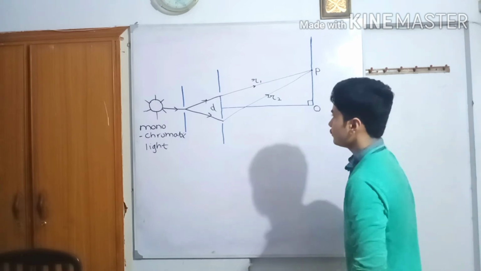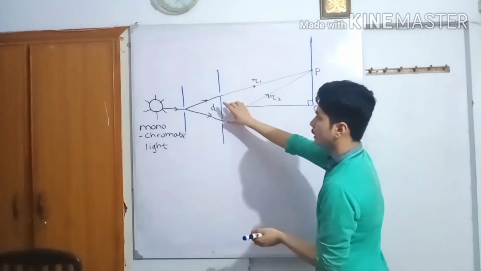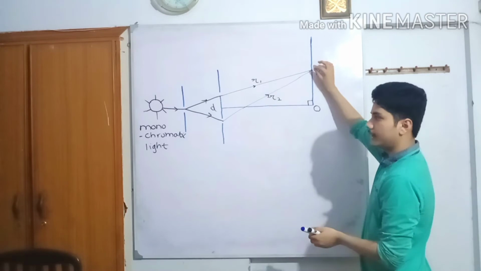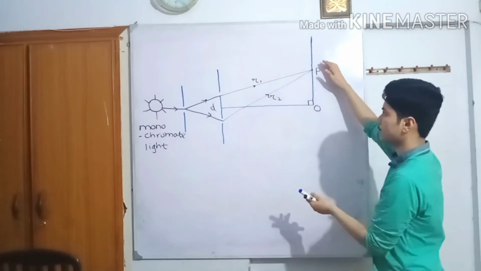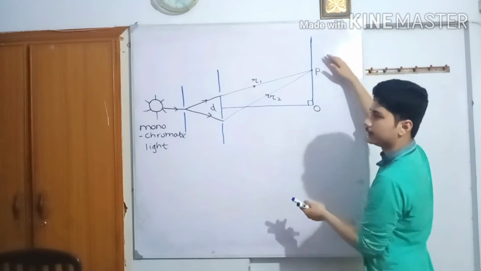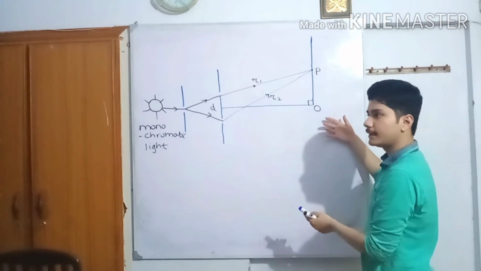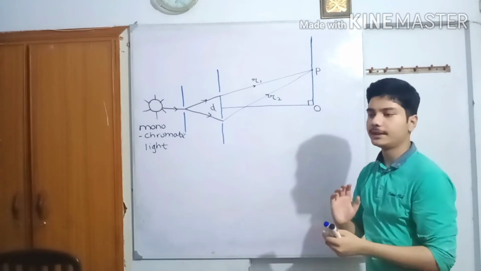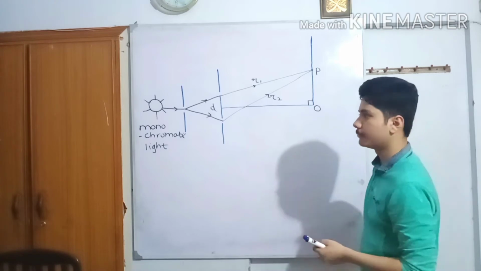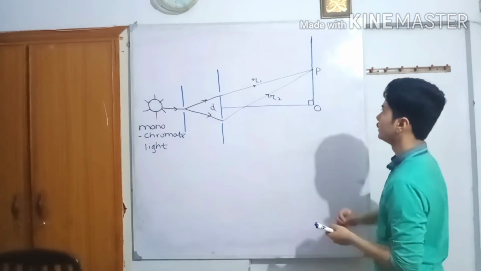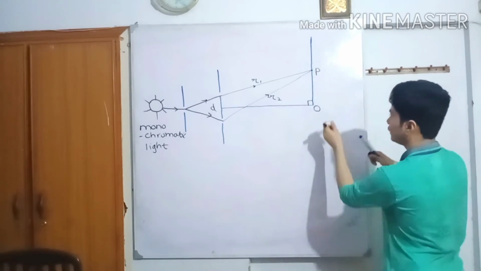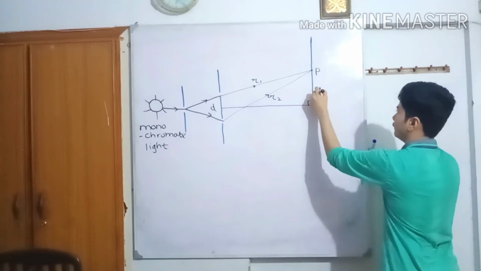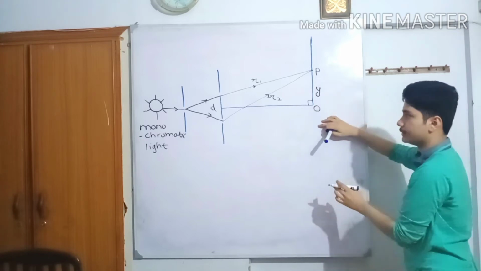Not only these two lights are going to interfere; millions of light waves are going to interfere all over the visual screen. But in order to derive equations, we just have to consider a single point P on the visual screen, which is at height y above the origin.